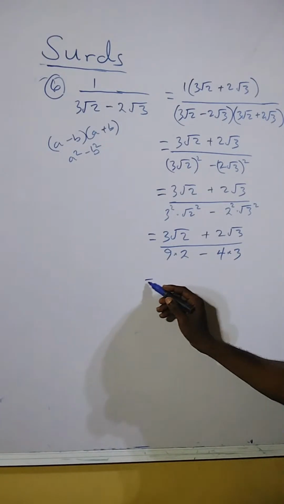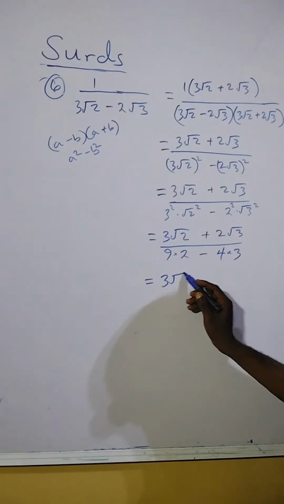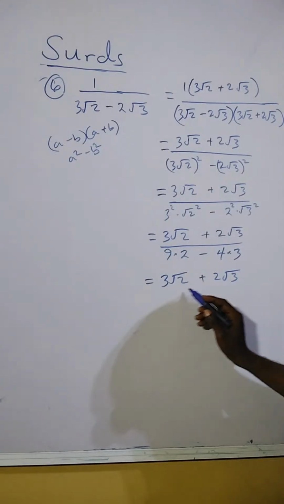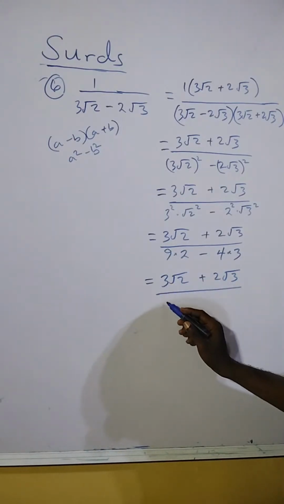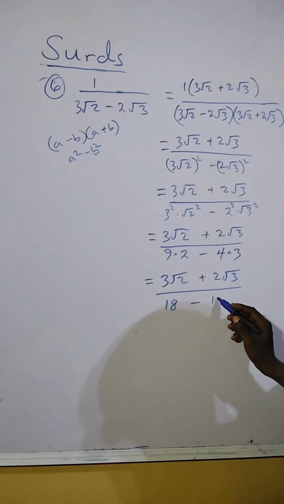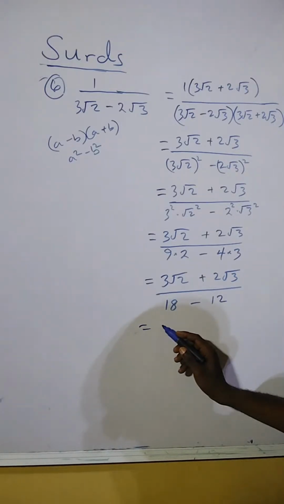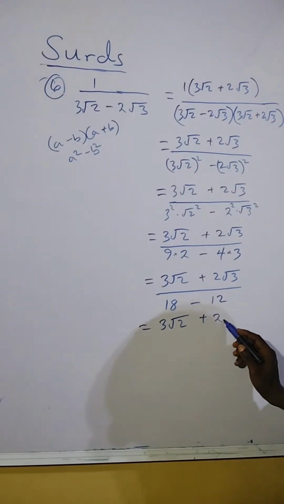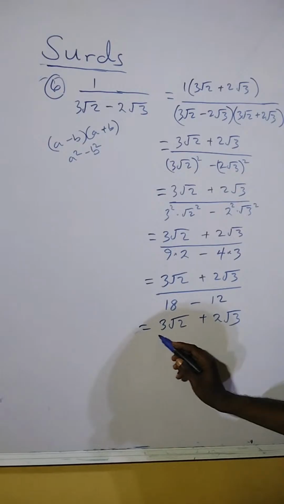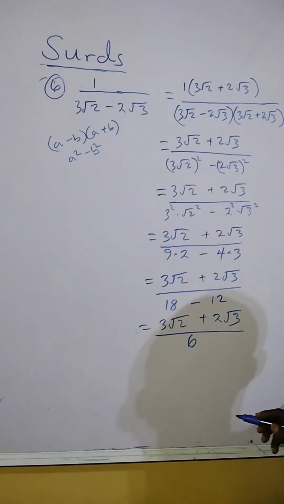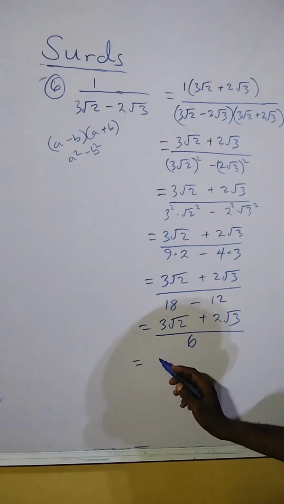Here we have 3 root 2 plus 2 root 3 over 9 times 2, that's 18, minus 4 times 3, 12. So we have 3 root 2 plus 2 root 3 over 18 minus 12, that's 6. Then we separate this as 2 fractions.